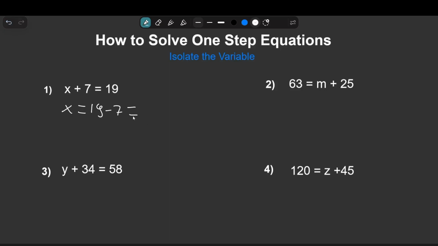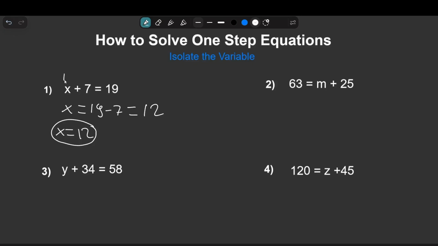So 19 minus 7 equals 12, so x equals 12. This is the final answer of our first example. Now, we can always check this by plugging the value of x we solved into our original problem.